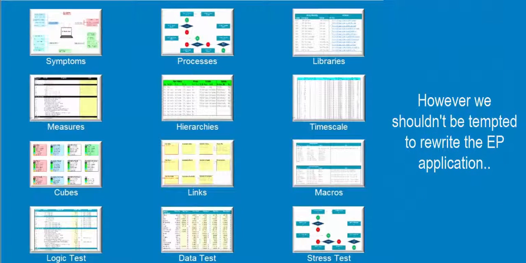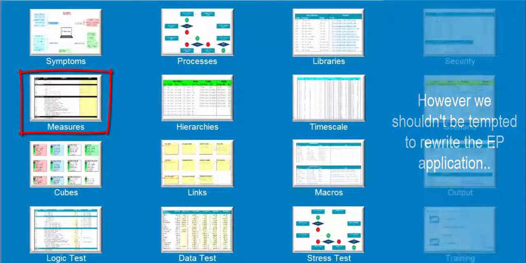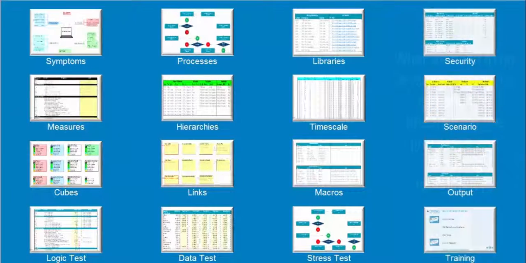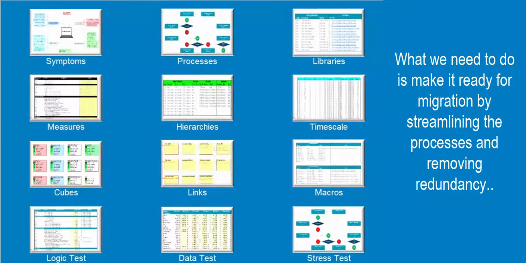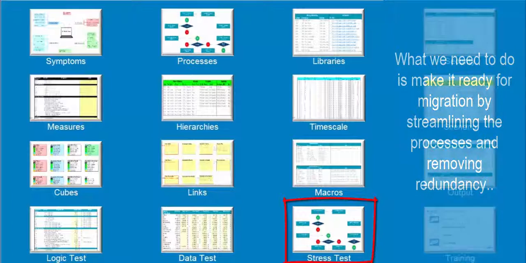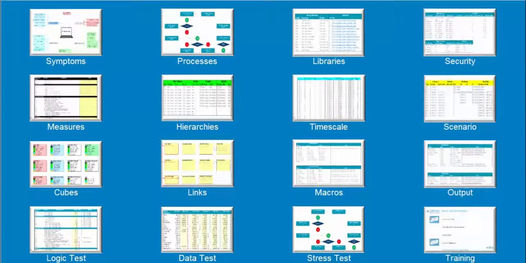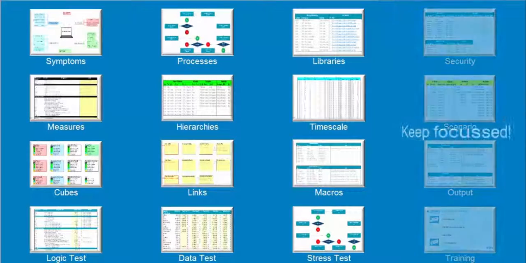However, we shouldn't be tempted to rewrite the EP application. What we need to do is make it ready for migration by streamlining the processes and removing redundancy. Keep focused.